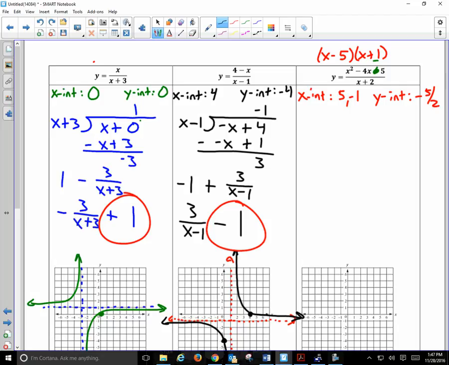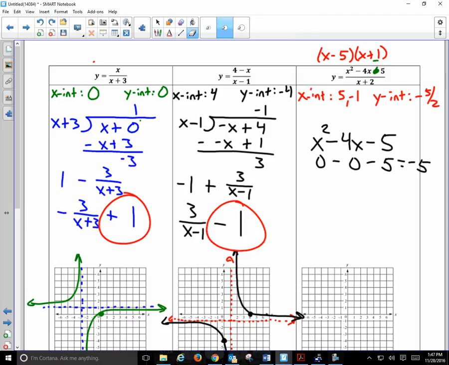Okay, then let's do this. Let's look at x squared minus 4x minus 5. If you plug in 0, you get 0 minus 0 minus 5 is -5. Zero on the bottom. 0 plus 2 is 2. We good now? All right.